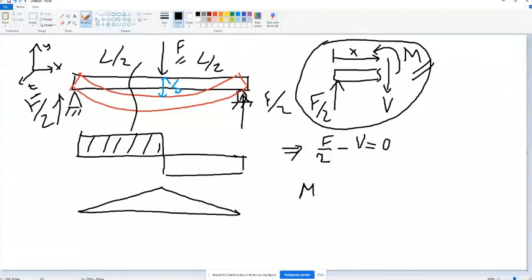So I can say that this M should be positive. Let me take it M. I'm going to take the moment to here.